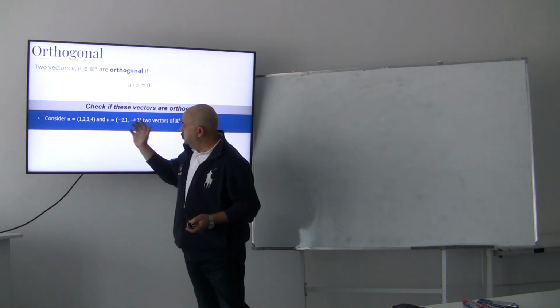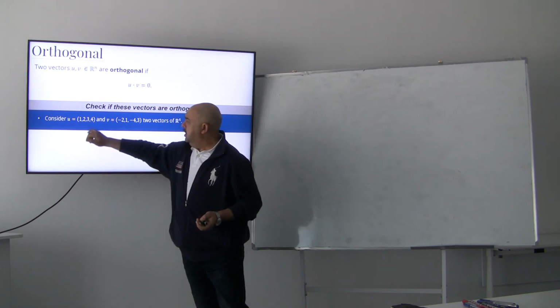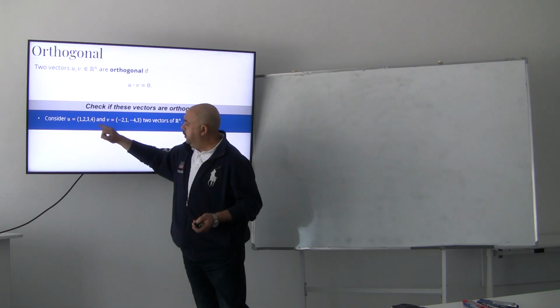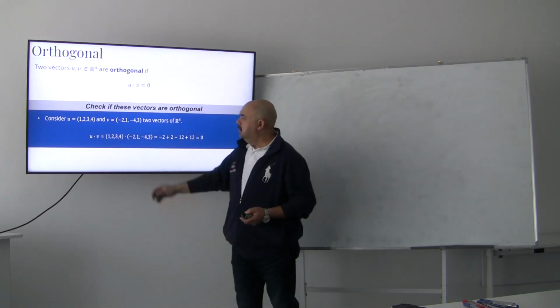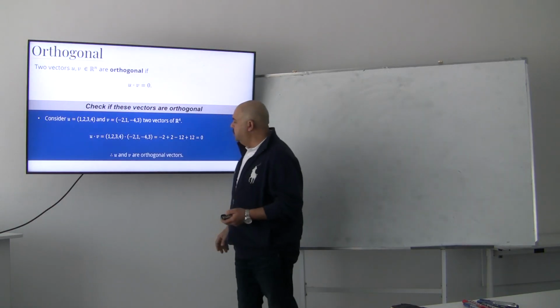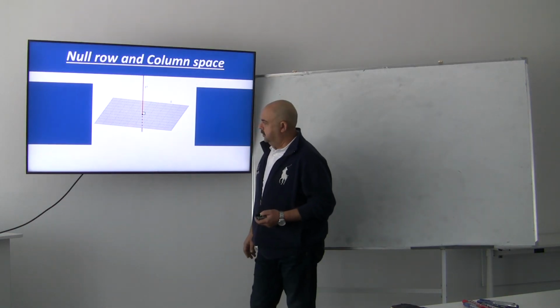Check if these vectors are orthogonal or not. It's really simple. All I have to do is 1 times -2, 2 times 1, 3 times -4, 4 times 3, and the value will equal 0. So this means that these two vectors are orthogonal to each other.